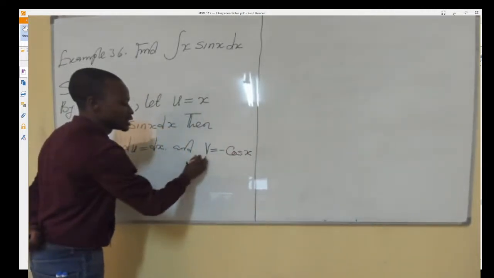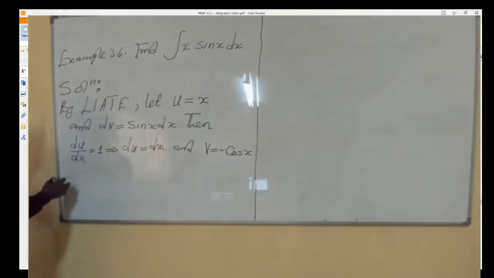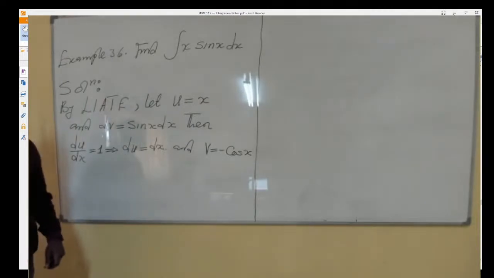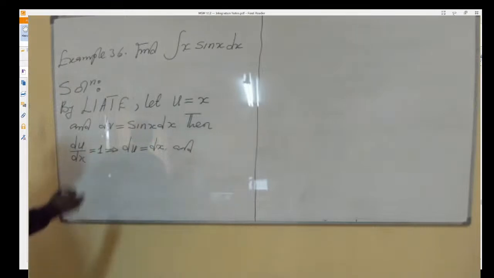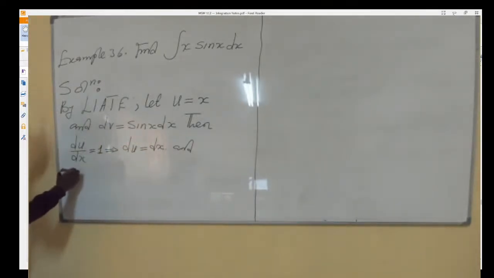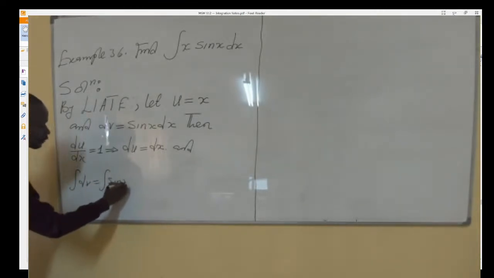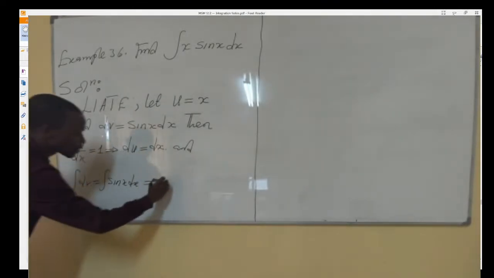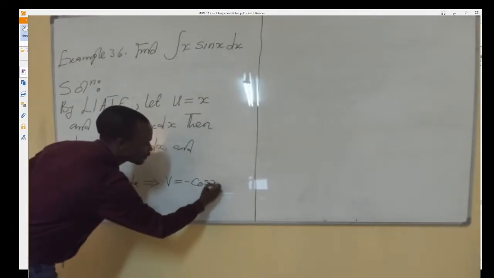How have we found this? We took the integral of both sides. Let me write it for study purposes: the integral of dv is equal to the integral of sine x dx, which gives us v equal to negative cosine x.